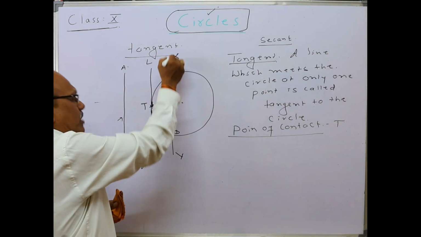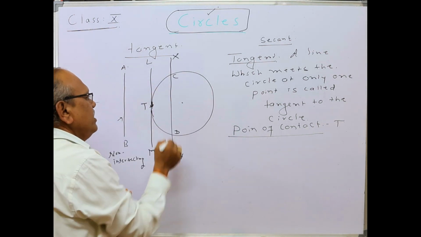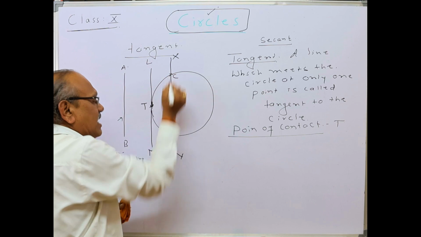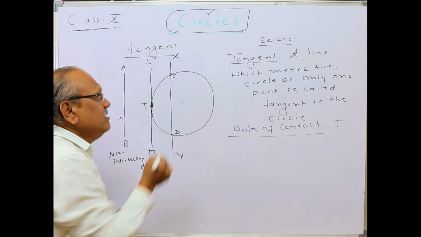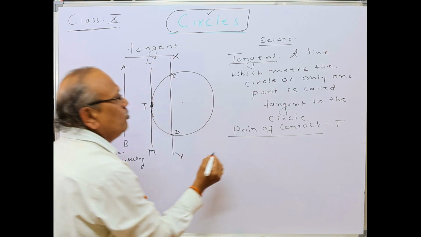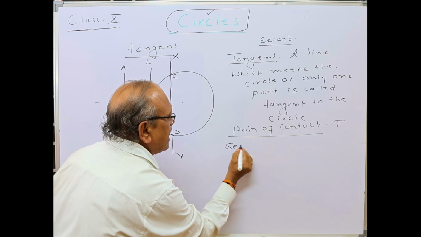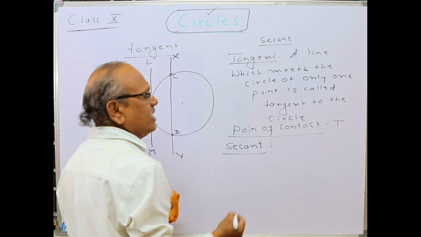Okay, let us come to another line. What is this line XY called? Observe, XY is intersecting the circle at 2 points, that is C and D. Such a line which intersects the circle at 2 points is called a secant of the circle. How can I define a secant?